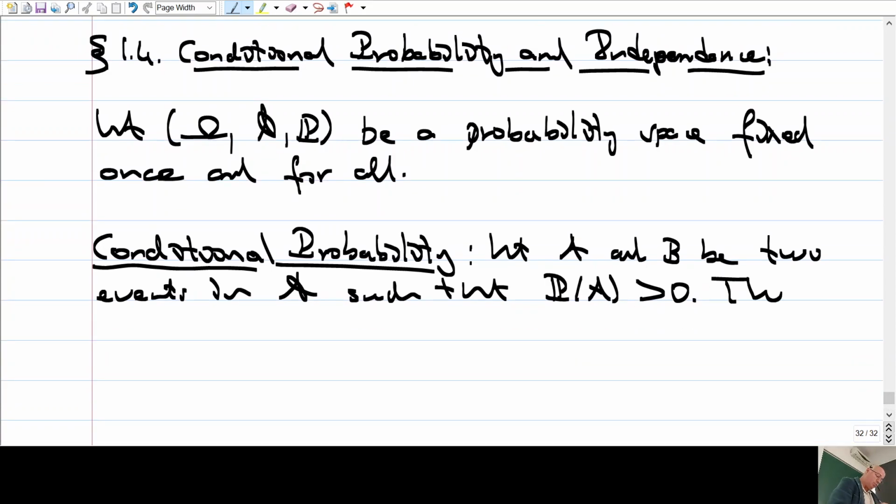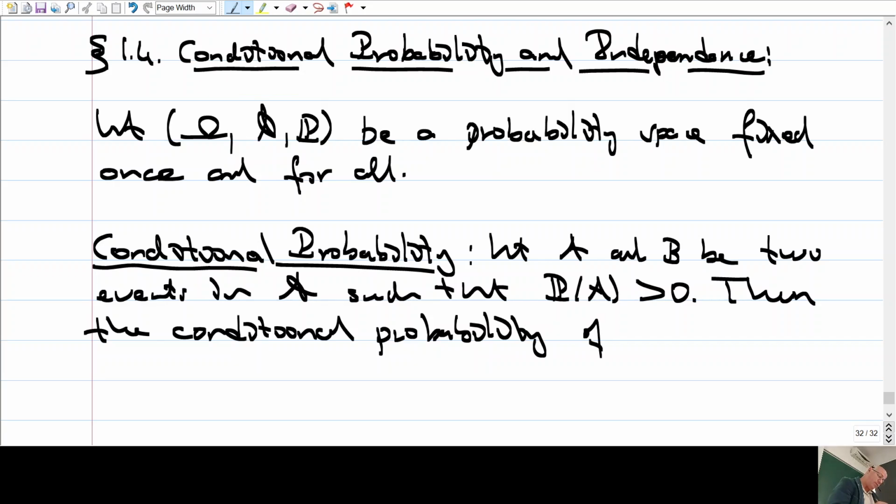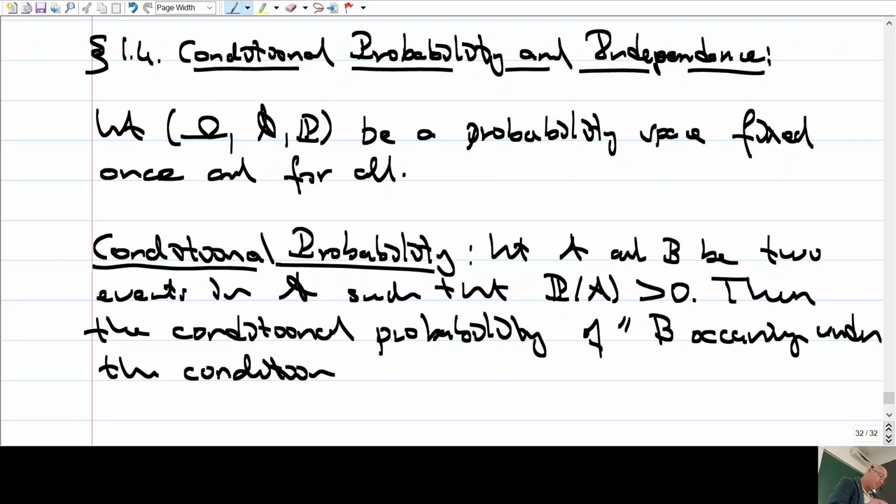Then the conditional probability of B occurring under the condition that A is known to have occurred.